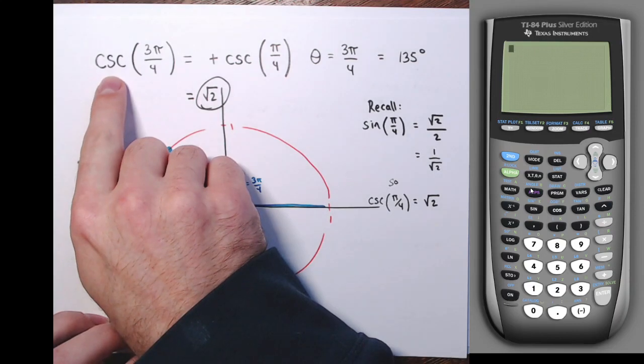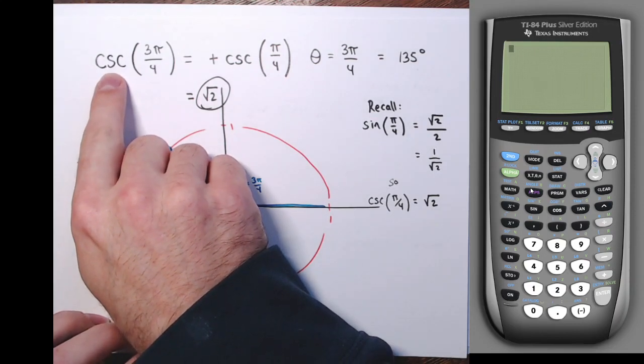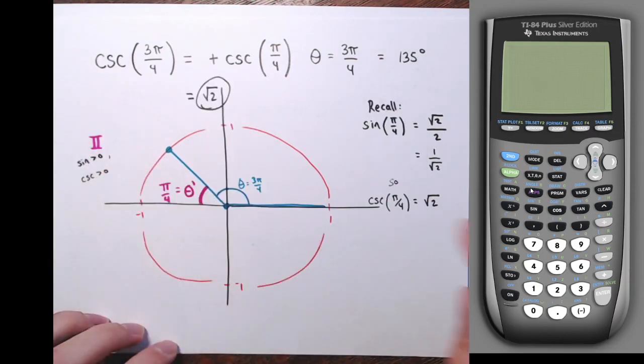To enter the cosecant, on the 84, there is no cosecant button. There's only sine, cosine, and tangent. But you just have to remember that cosecant's the reciprocal of sine. So if I want cosecant, I go 1 divided by the sine.